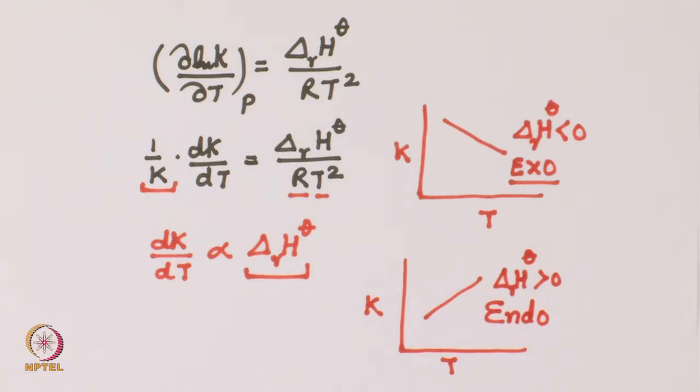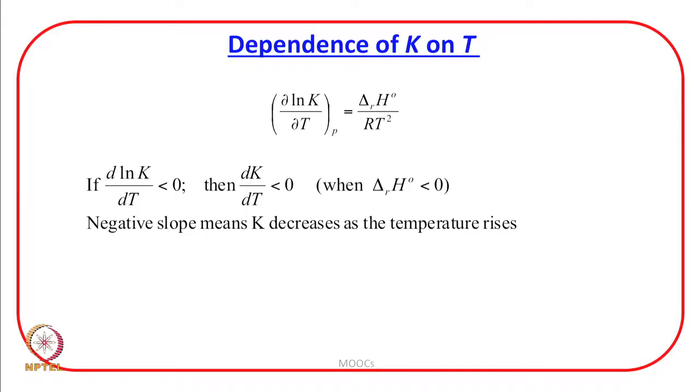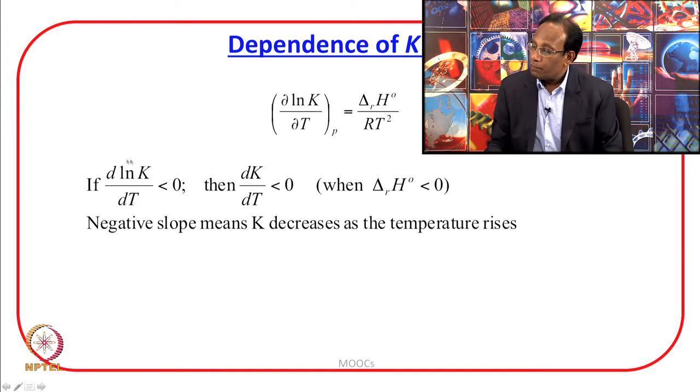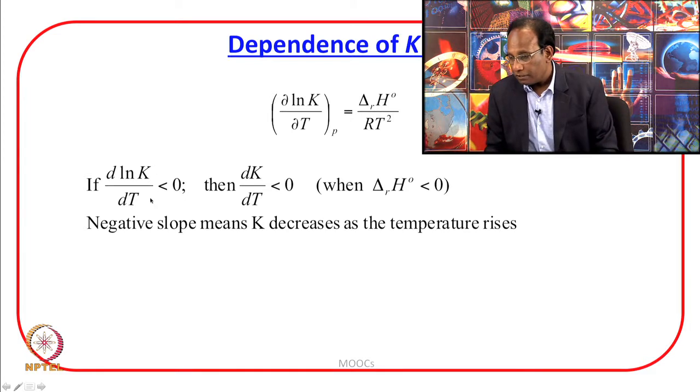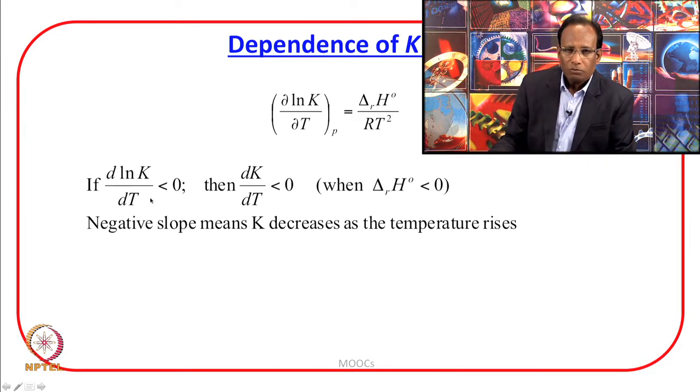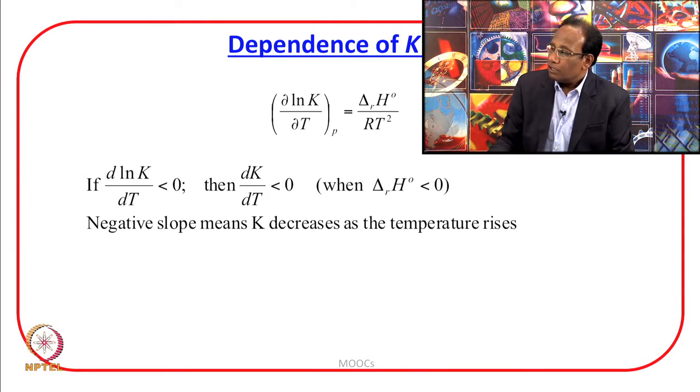Let us go to the slide. This is what I discussed, that if d log K by dT or dK by dT, whatever way you want to consider, is less than 0, that means this is true for exothermic reaction.